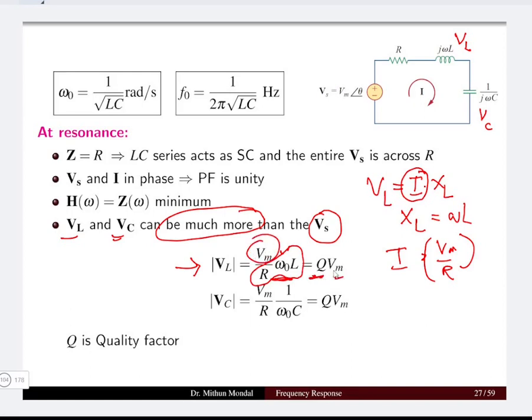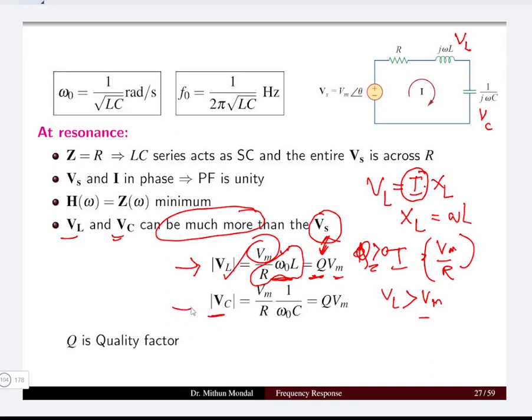So if Q is a positive quantity, Q greater than 0, obviously VL is greater than Vm. So if the Q value is very high, VL will be very high.